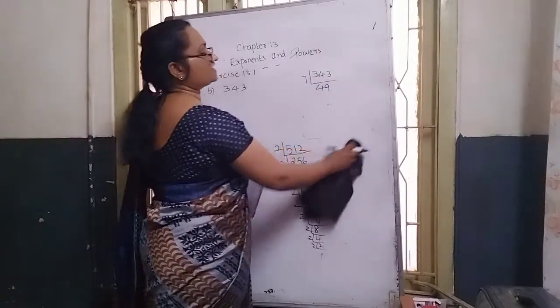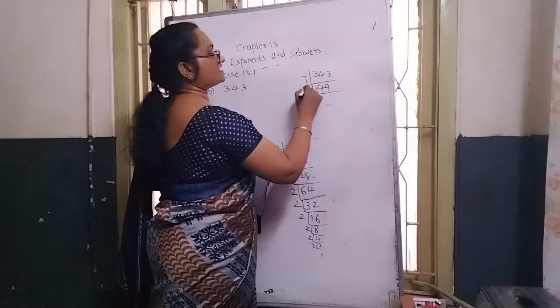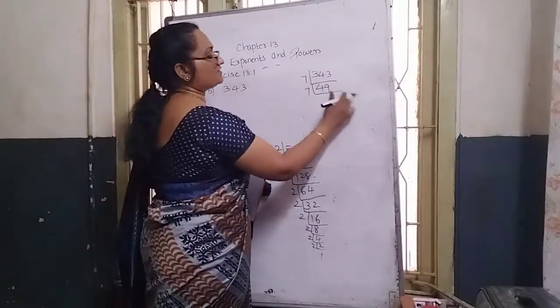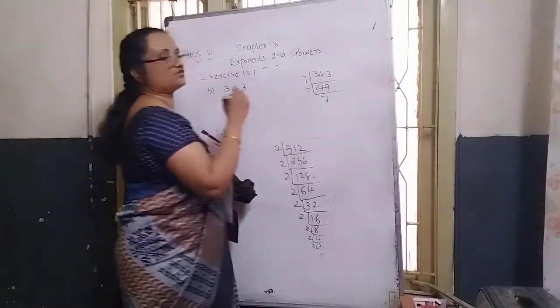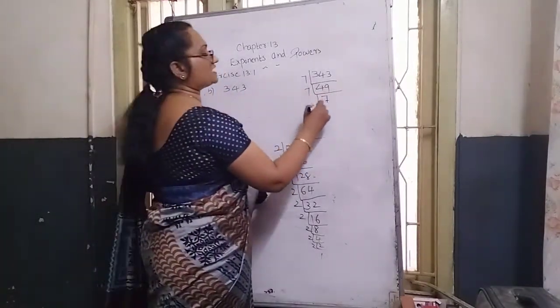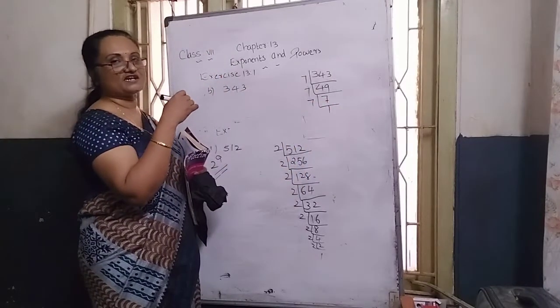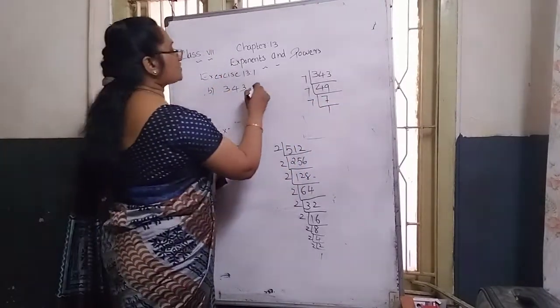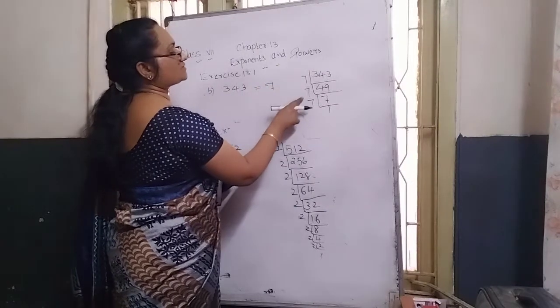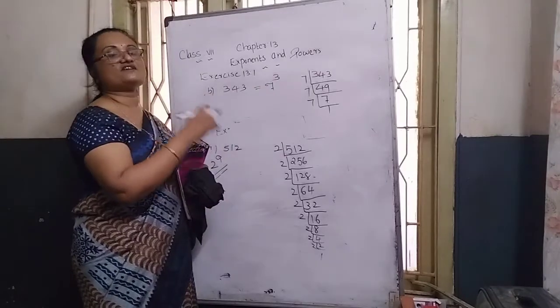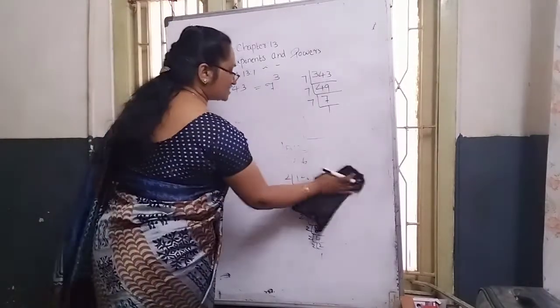Again that quotient is divided only by 7, no other tables work. 7 sevens are 49. Again 7 is a prime number, divided by 7, we finally reach the answer 1. So how many times is 7 repeated here? The base is 7, repeated 3 times, so 7 raised to 3 is the answer.